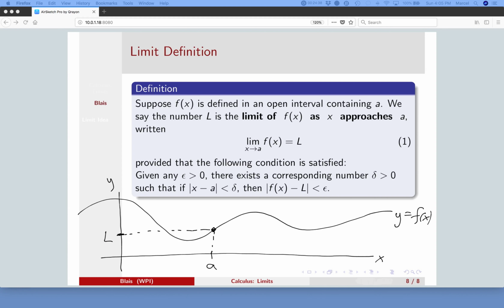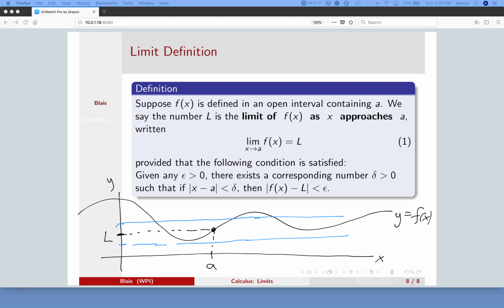So we say that this condition holds, the limit as x approaches a of f of x is equal to L, provided that the following condition is satisfied. We're going to draw a very similar picture to what we had before. We want to have this blue band around L, but what we're going to specify now is that the radius of this blue band, half of its width, will be epsilon.